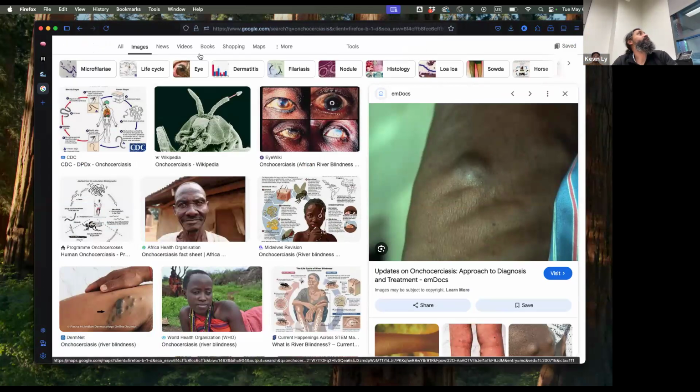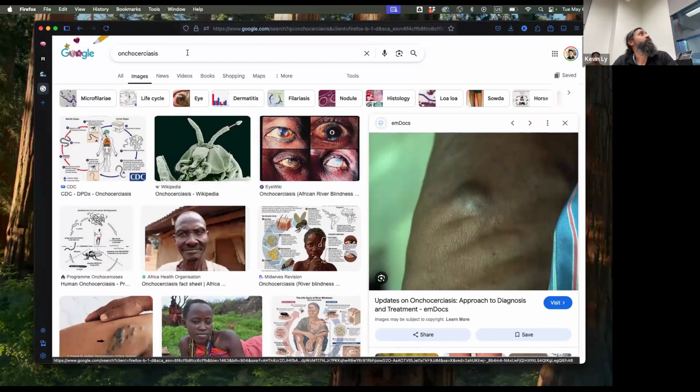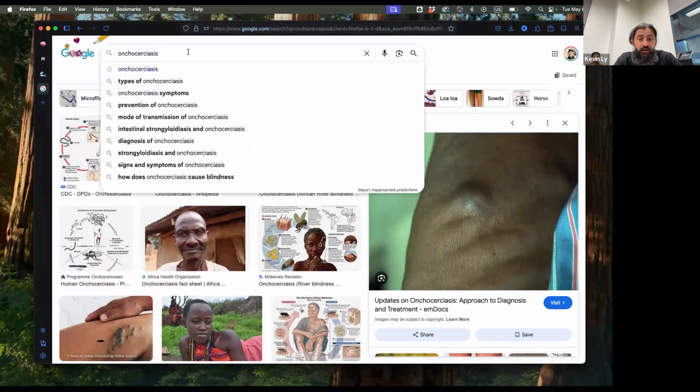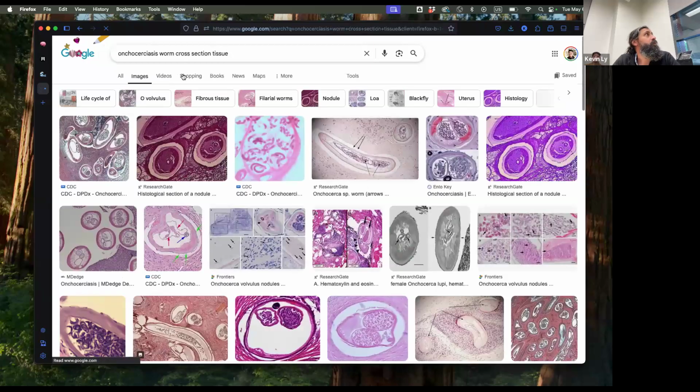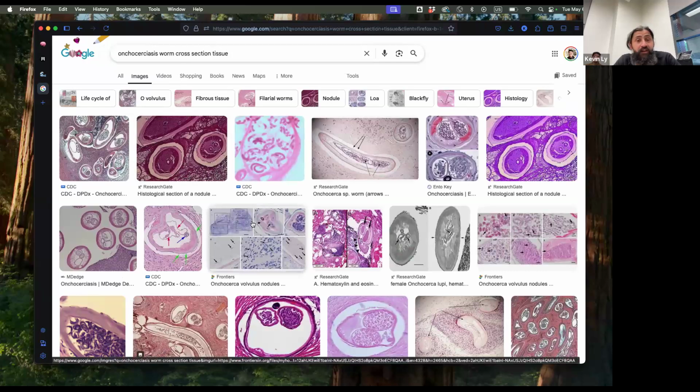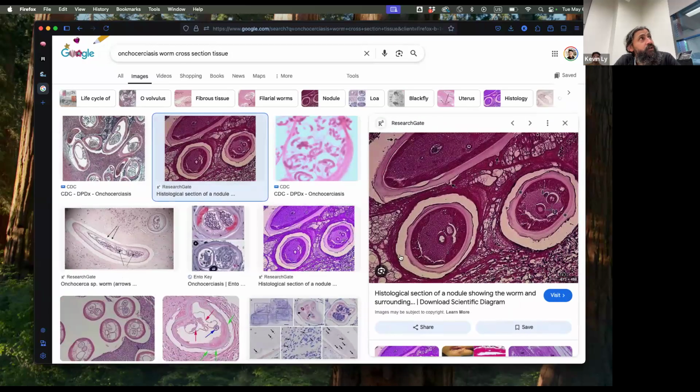But in the context of onchocerciasis, worm cross-section tissue. So literally that little bump that you saw, can you guys see the screen still? Was the histological section, and there is the worm. This is the cross-section of that worm. And now you see multiple because it's kind of folded in and around. A massive organism is literally living right in there.